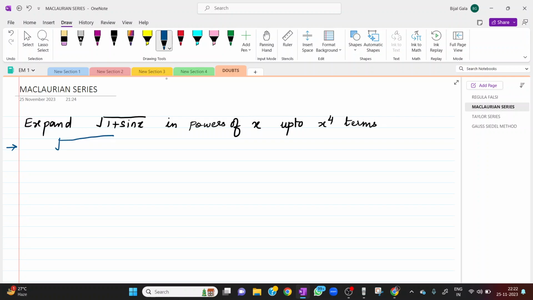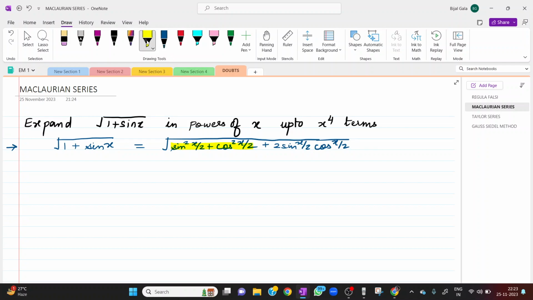So my root of 1 plus sine x, I would write it as sine square x by 2 plus cos square x by 2. Now observe, this is nothing but your replacement for 1. 1 is the addition of these two, right? Plus 2 sine x by 2 and cos x by 2.